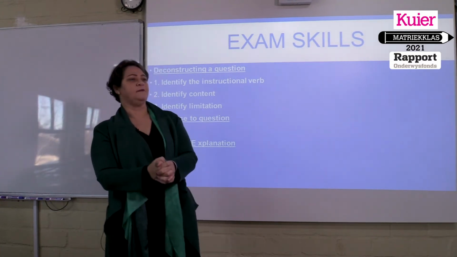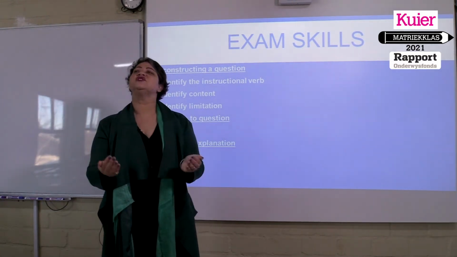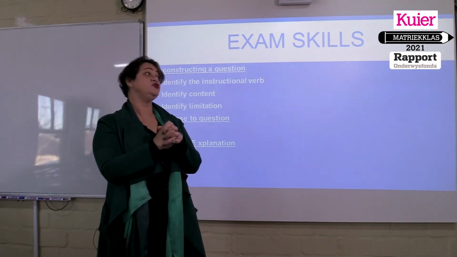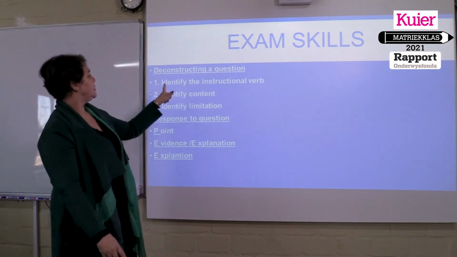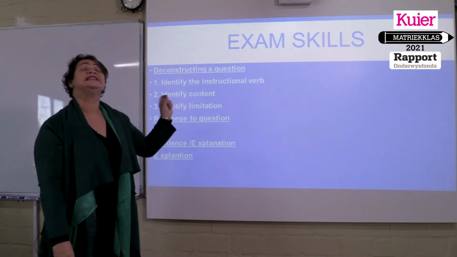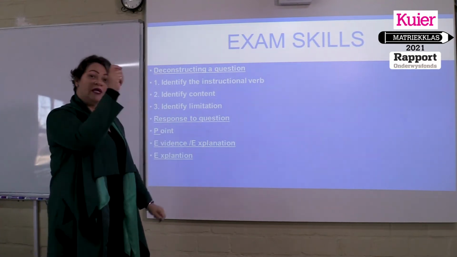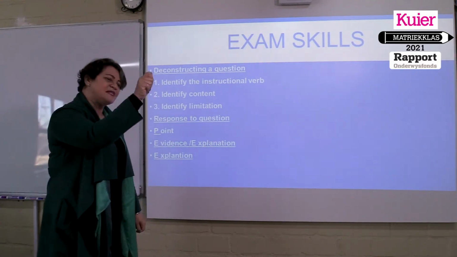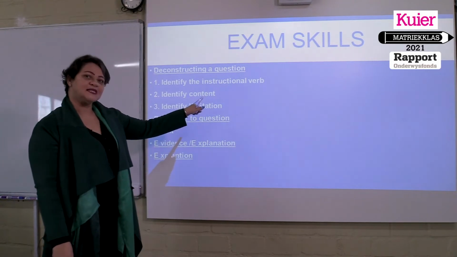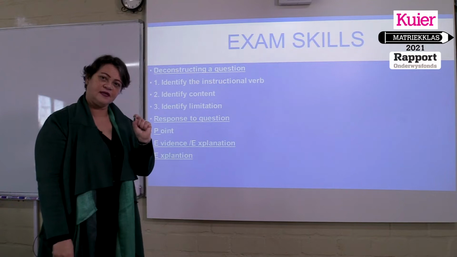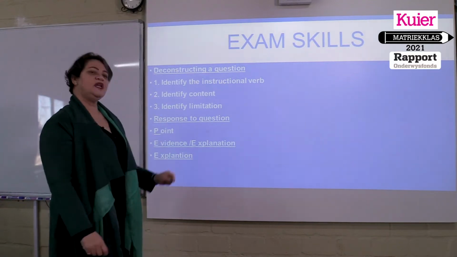Then they're going to say, one of the themes in this story is love. Discuss. What must you do? What is your instructional verb? Love, discuss. What must you do? You must discuss. So your instructional verb, you take your highlighter, you underline, I must discuss. What must you discuss? You must discuss the theme of love. That's your content. What's your limitation?